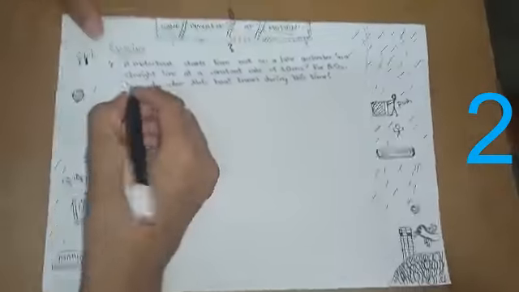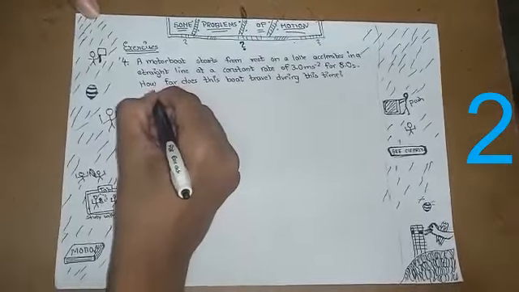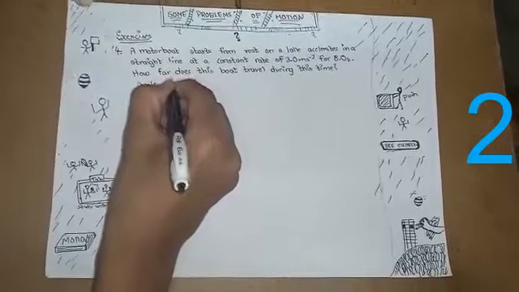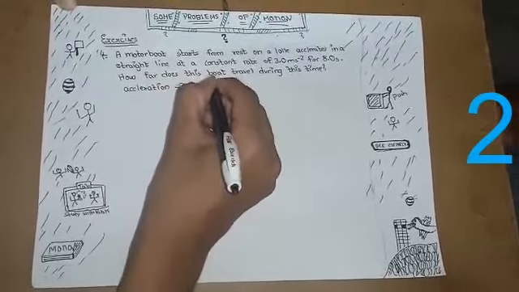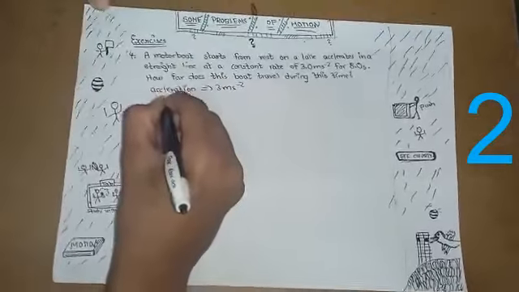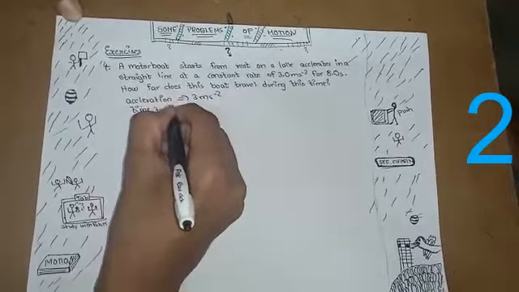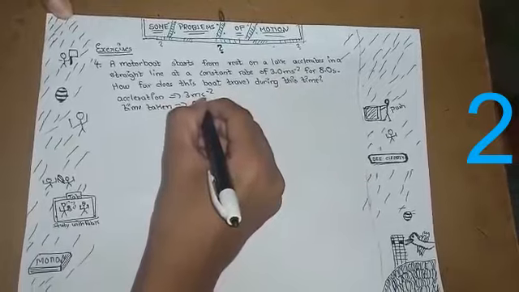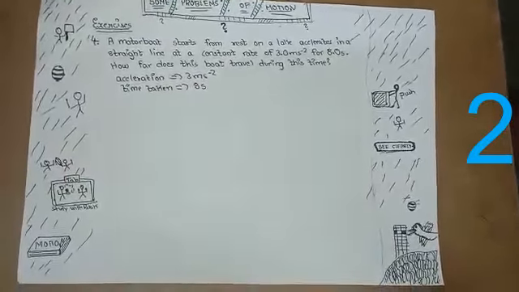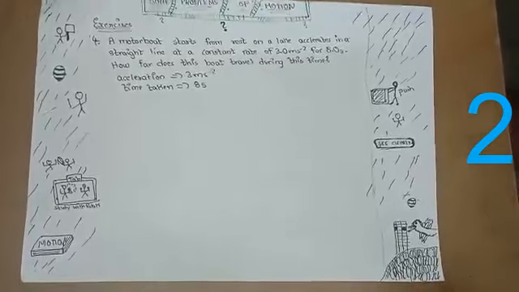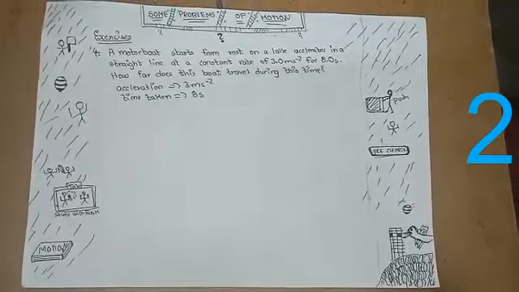So acceleration is 3 meter per second square, time taken is 8 seconds. So distance. If we go through the three equations of motion, in the first equation of motion there is no distance, so not possible.